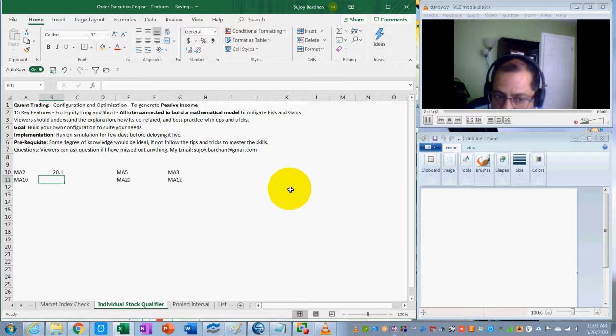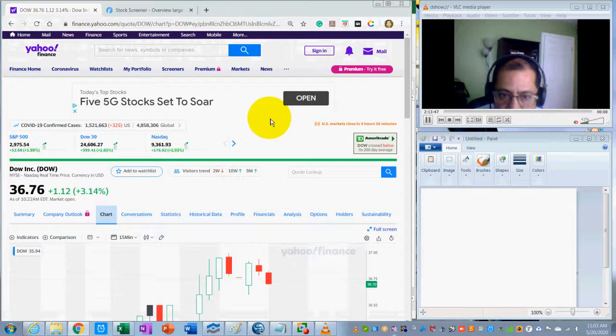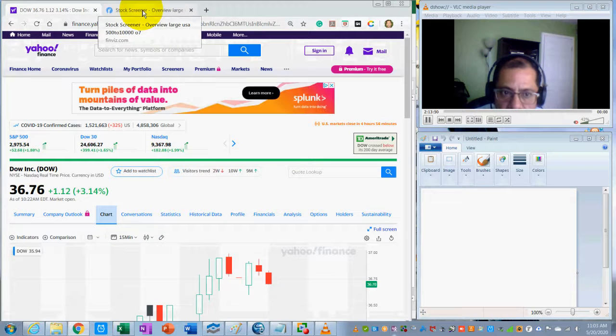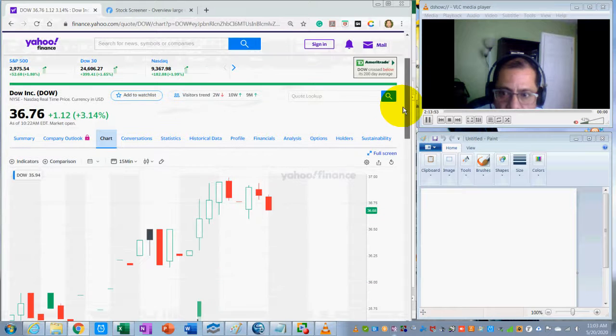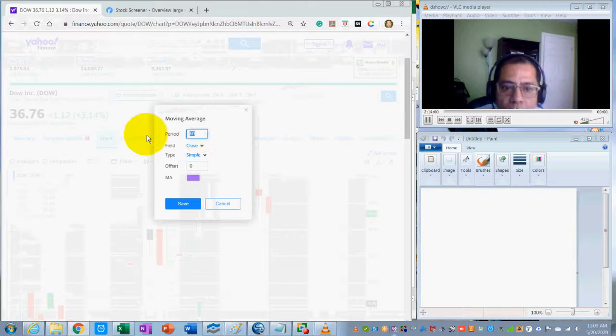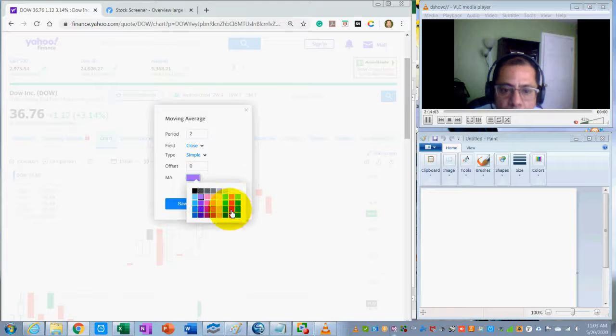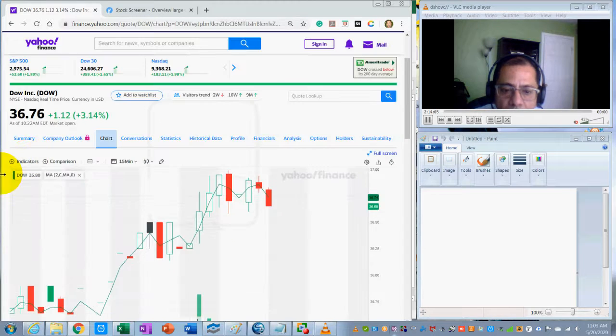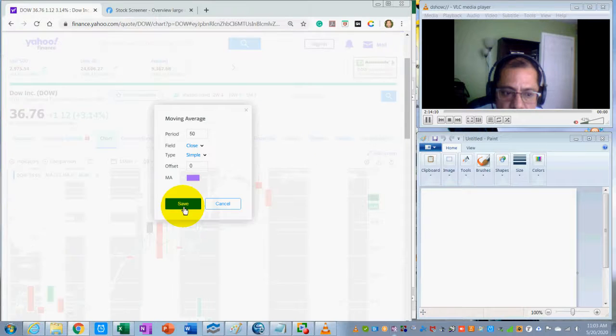Say MA2 is 20.1 for a price, or to be more precise, let's pick up anything here. Let me then plot these two indicators. Say for example, I'm taking moving average of 2, and I want to keep it in green color, and I'm taking another indicator which is moving average of say 10, and I want to keep that in red color just to identify the two lines.